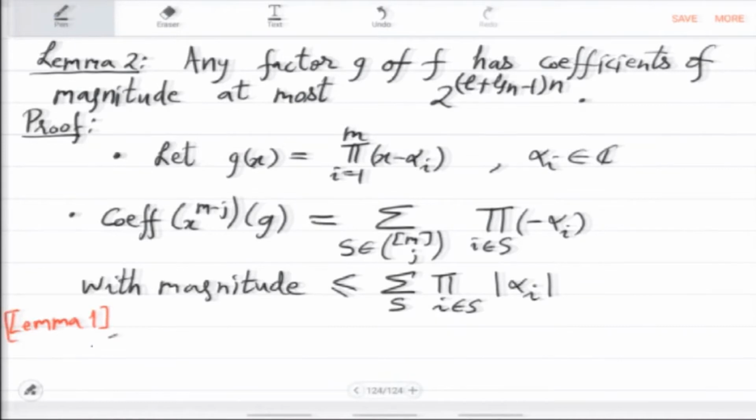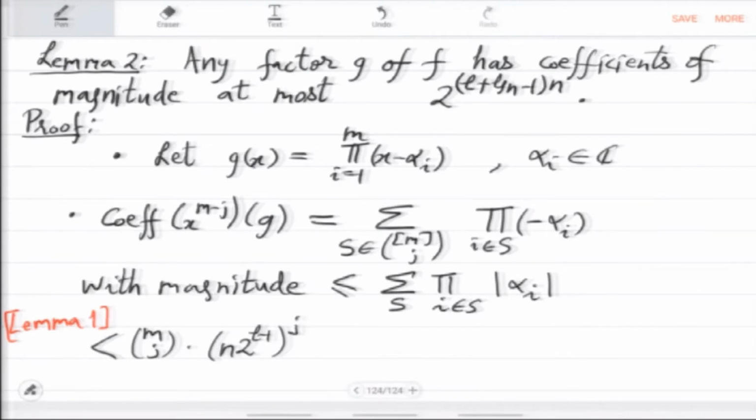The number of subsets is m choose j, times, looking at a product now, lemma 1 says that the product of alpha_i is at most (n times 2 raised to L minus 1) raised to j.